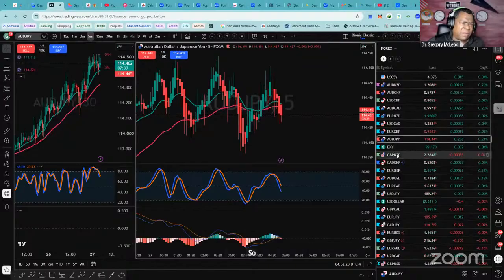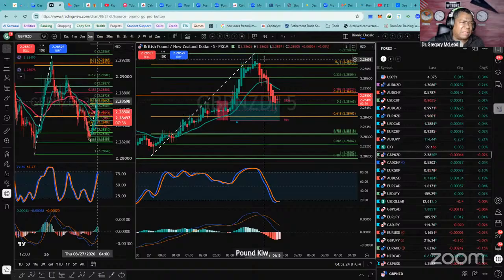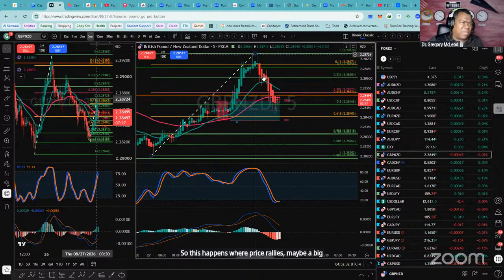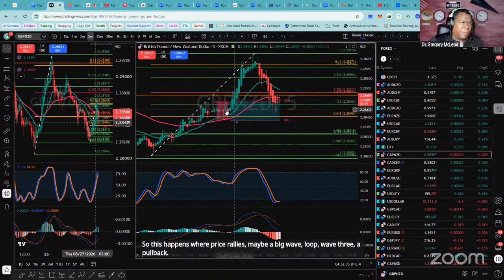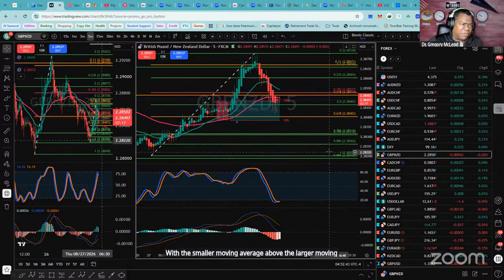So yen pairs, pound Kiwi. Pound Kiwi has come back to the entry point. Okay. So this happens where price rallies, maybe a big wave, wave 3, a pullback, and we are in a value zone with the smaller moving average above the larger moving average.